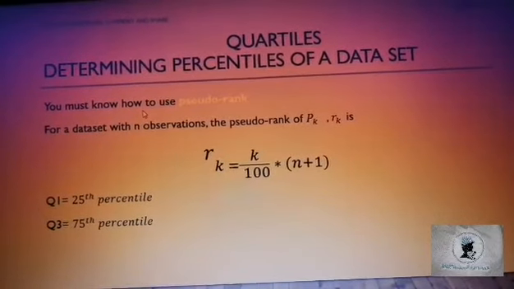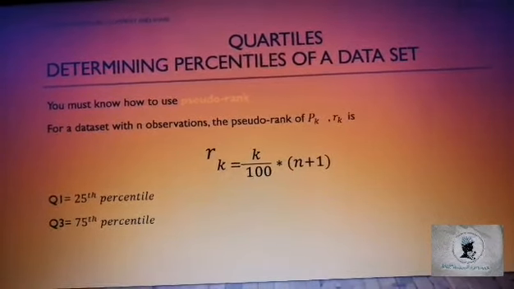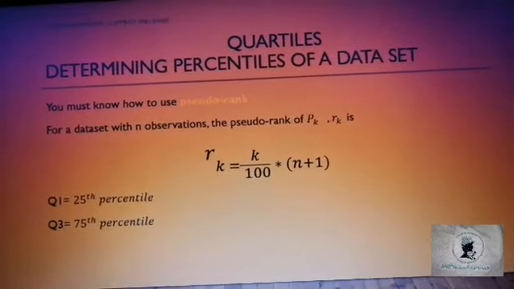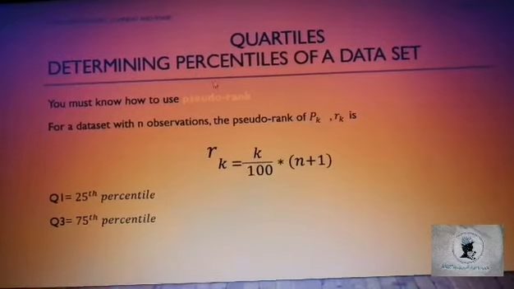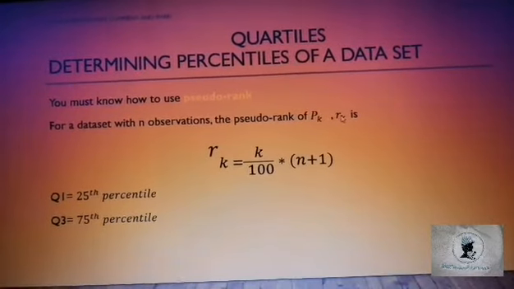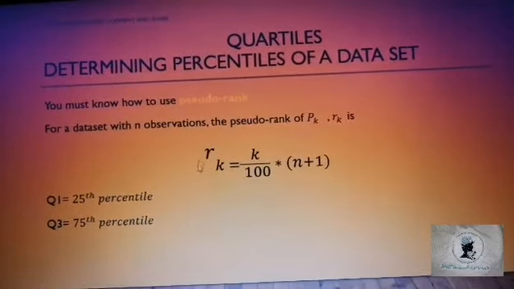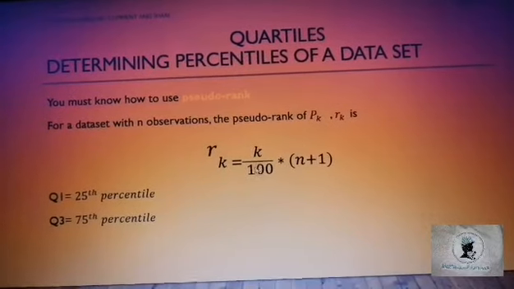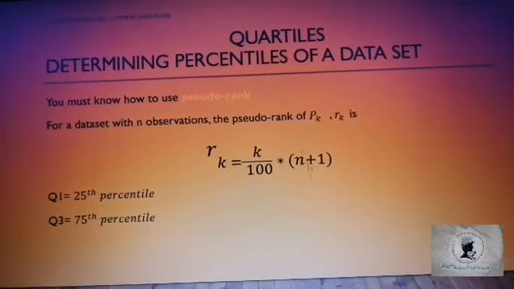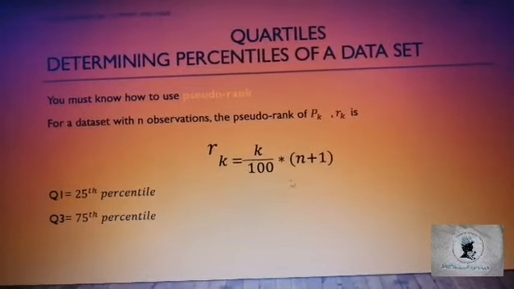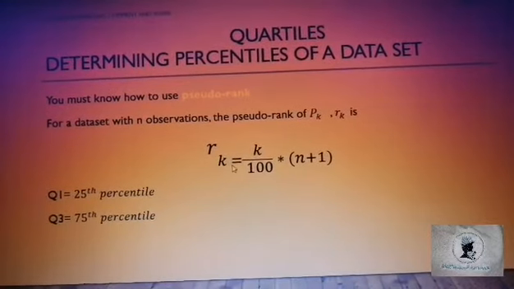It says for a data set with n observations, the pseudo rank of pk, where pk is your percentile, rk, is equal to k over 100 times n plus 1, where n is the number of data values you have in your sample and where k is your percentile.